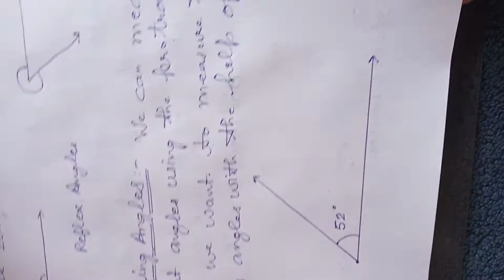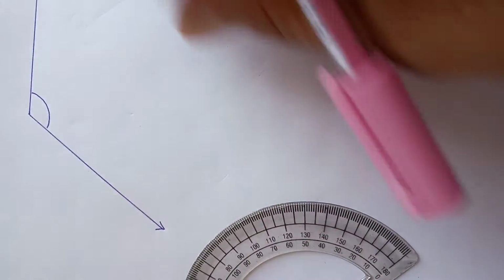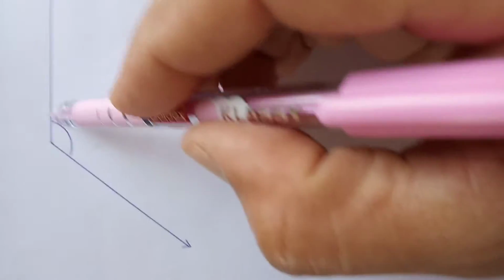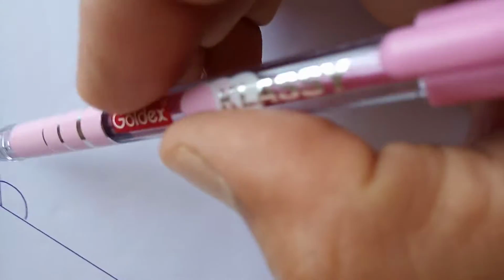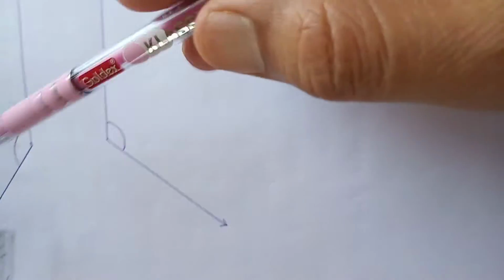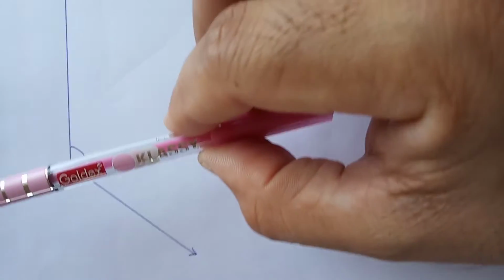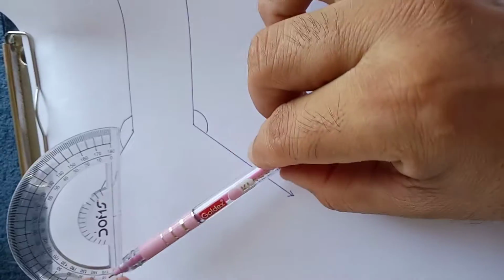Hello students, now we are going to measure some other angles. Students, we want to measure this reflex angle. To measure the reflex angle with the help of protractor, we directly cannot measure the reflex angle because we can measure the maximum up to 180 degree with the protractor, because the markings are from 0 to 180 degree.